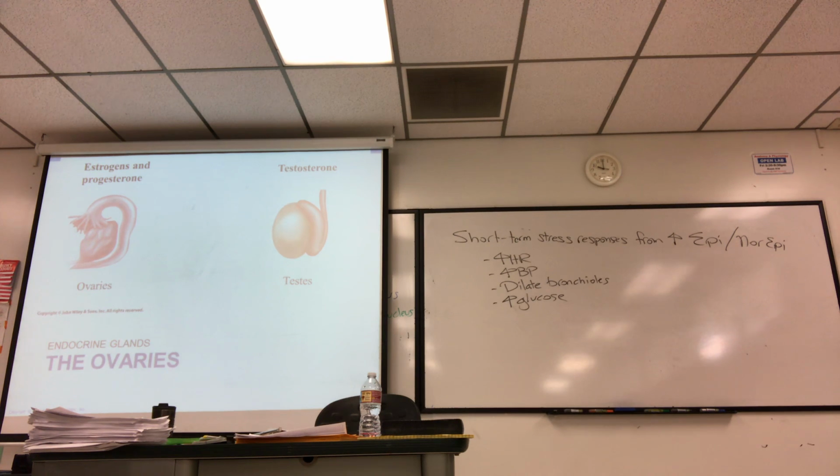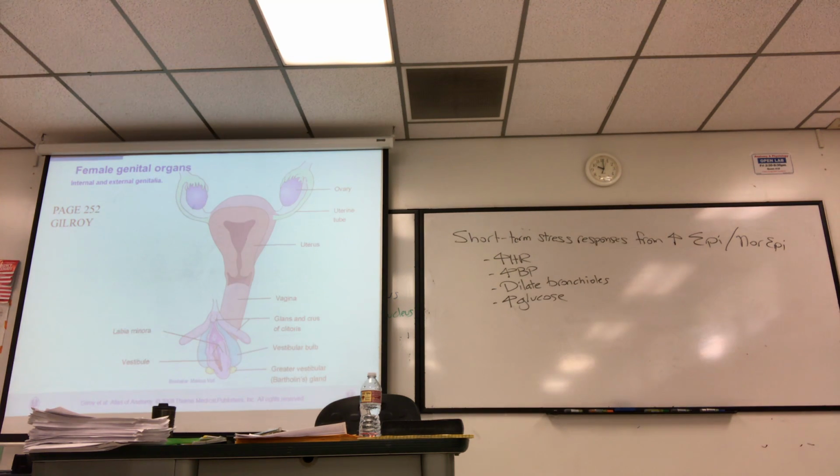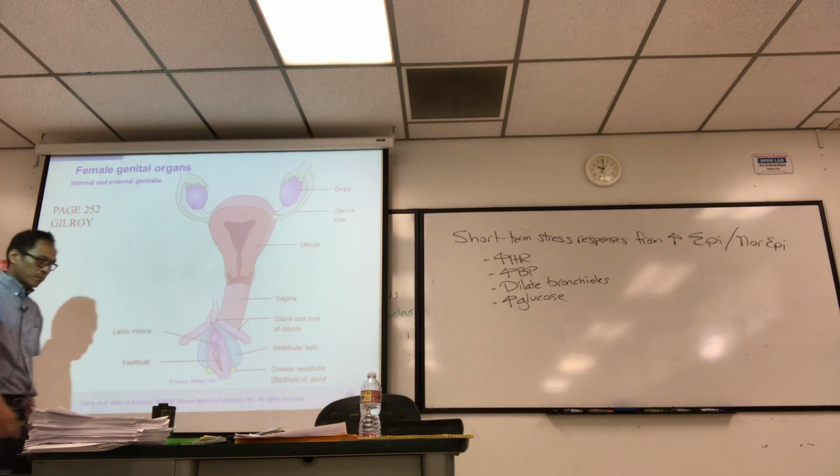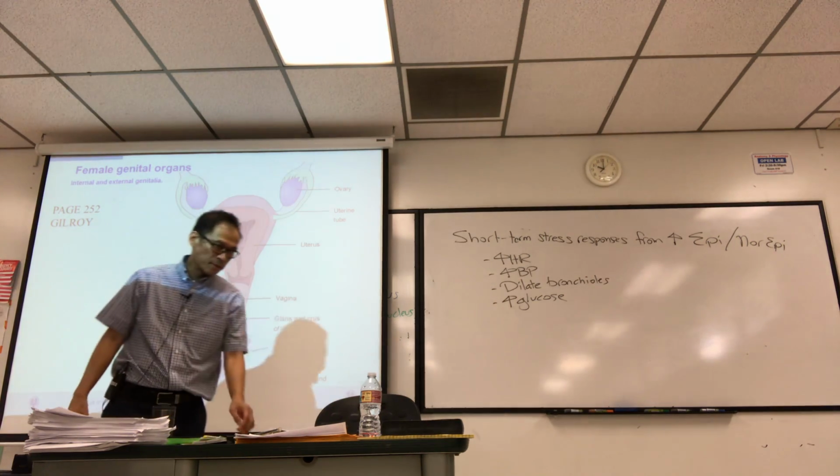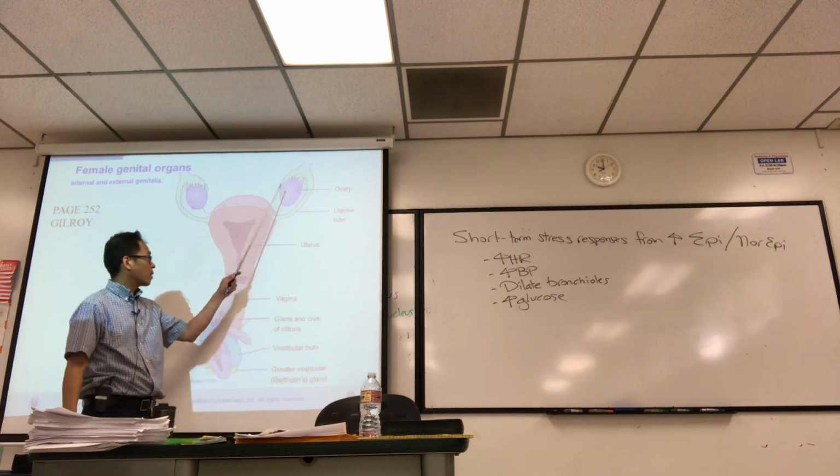The ovaries and testes are primarily studied in repro, but we talk about them in endocrine since they secrete the sex hormones. Okay, we'll do ovaries first. Here's an ovary. The ovary on this picture is on the top there. It's a simplified picture. They're inside the pelvis in the female.